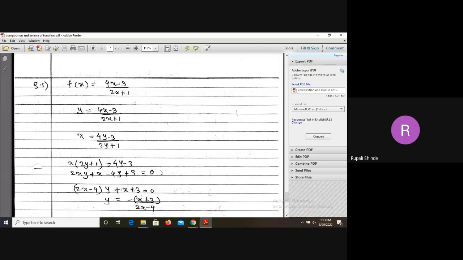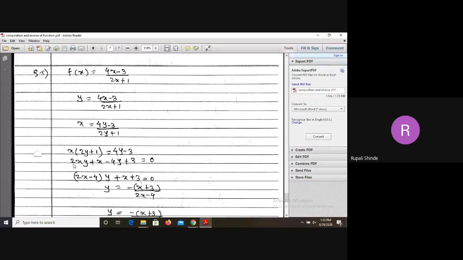Now from these two terms, that is 2xy minus 4y, we can keep this y outside the bracket because y is common between these two terms. That is in bracket 2x minus 4 outside the bracket y plus x plus 3, that is equals to 0.